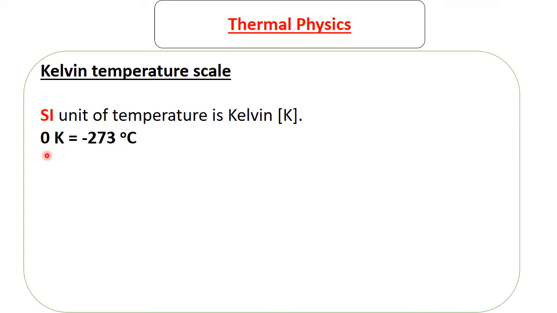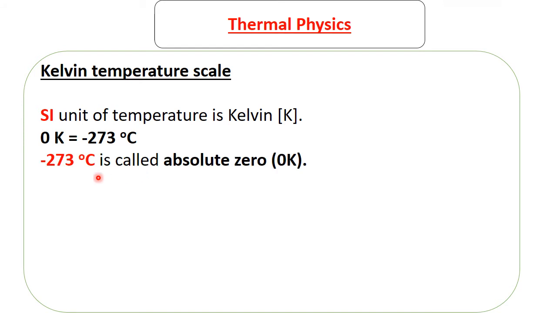As scientists, we say that atoms collapse beyond 0 kelvins. This temperature, negative 273 degrees Celsius or 0 kelvins, is called absolute zero. So when they say absolute zero, just know they're talking about negative 273 degrees Celsius or 0 kelvins.